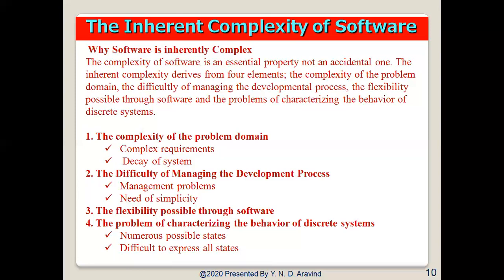Second one, the difficulty of managing the development process. So the second reason is the complexity of the software development process. Here, complex software intensive systems cannot be developed by a single individual. They require a team of developers.